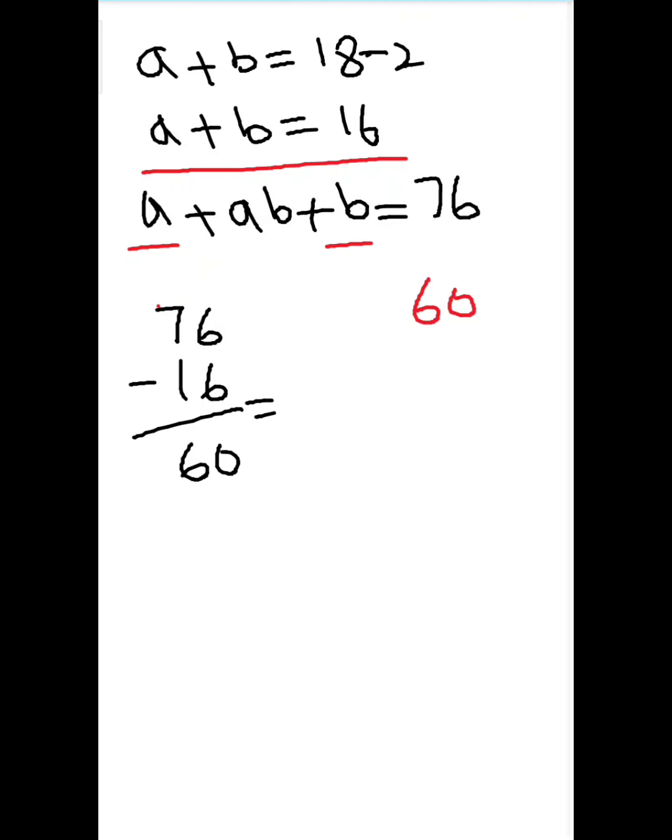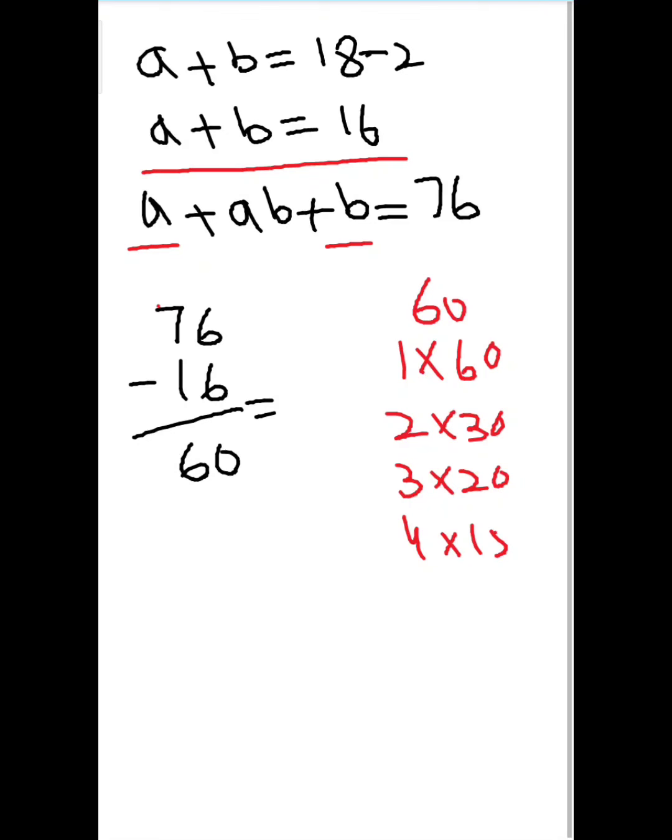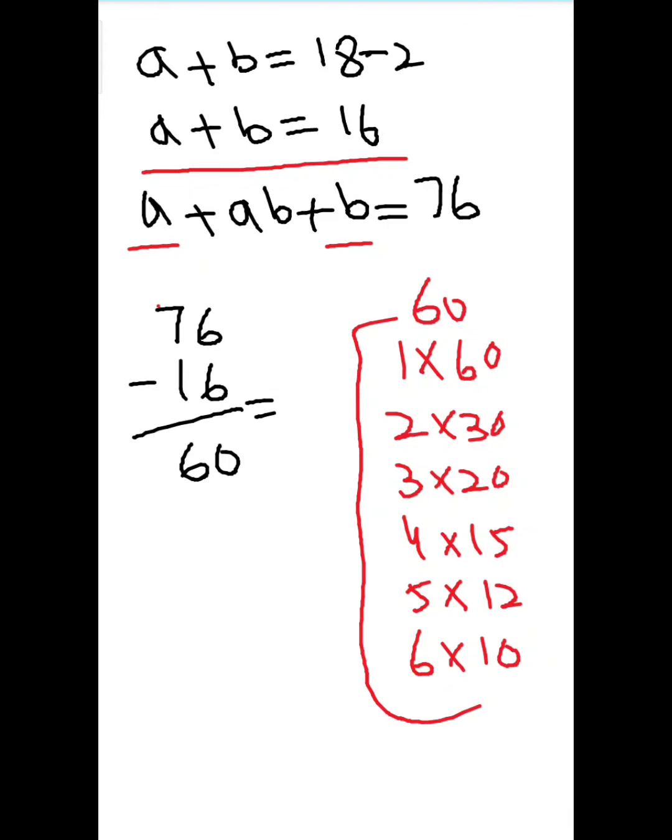If a times b is equal to 60, then the factors of 60 are 1 times 60, 2 times 30, 3 times 20, 4 times 15, 5 times 12 and 6 times 10, and these should be matched to ab. So which one is suitable for a times b?